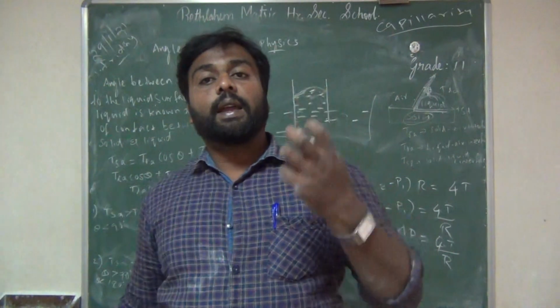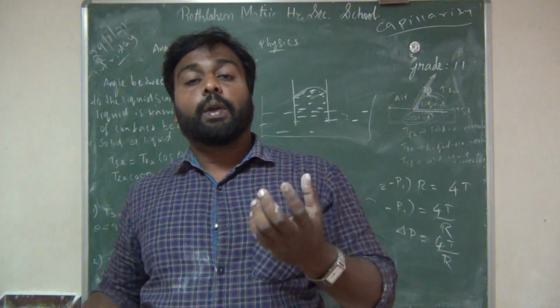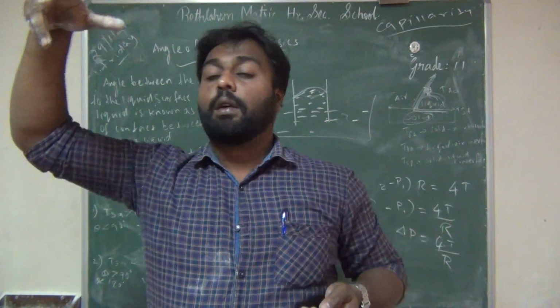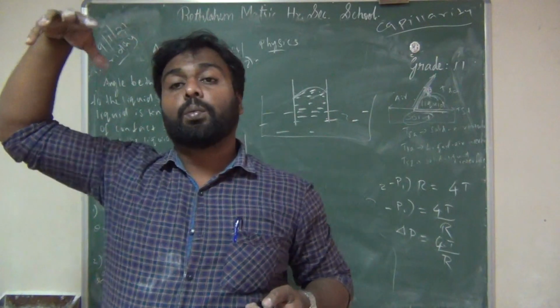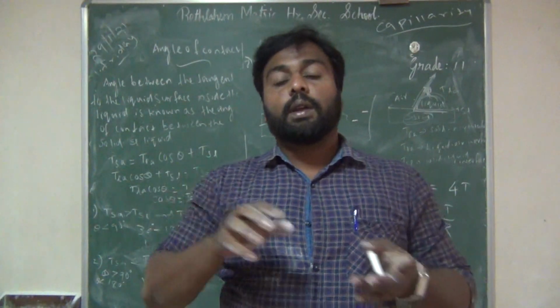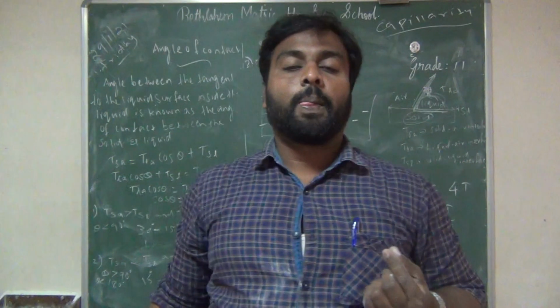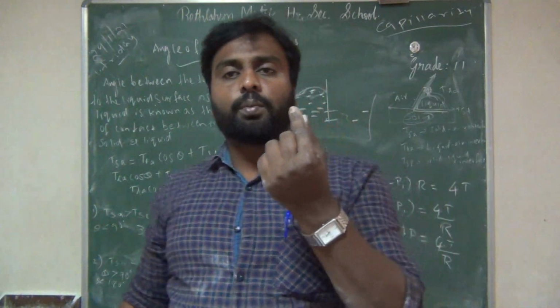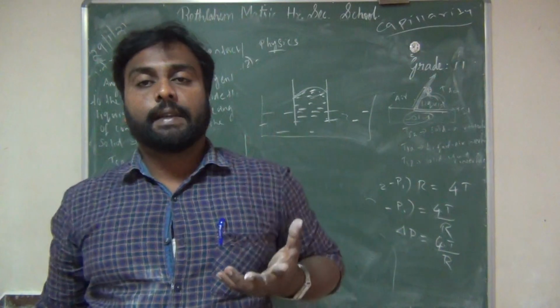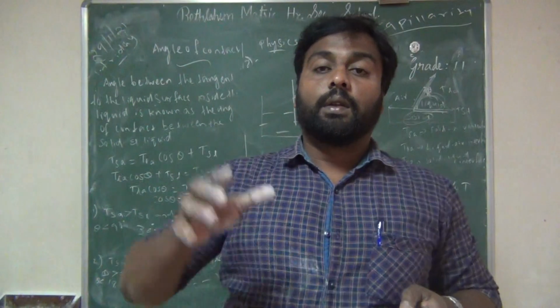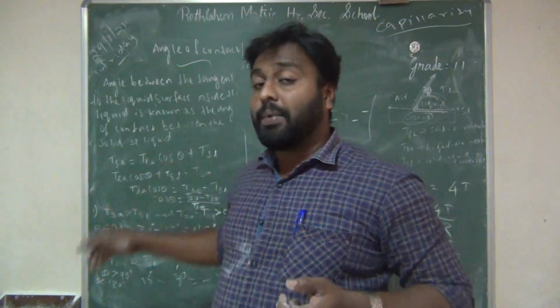This capillary rise or fall, the liquid inside the capillary tube will either rise or fall, and it depends upon how narrow the tube is. How much narrower the tube, the rise or fall will change. So this is about the capillary tube.